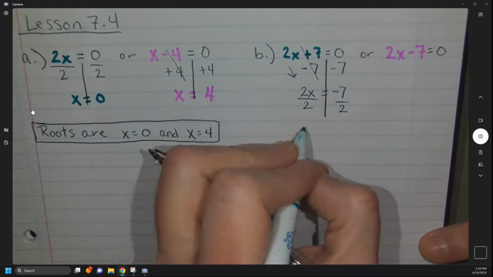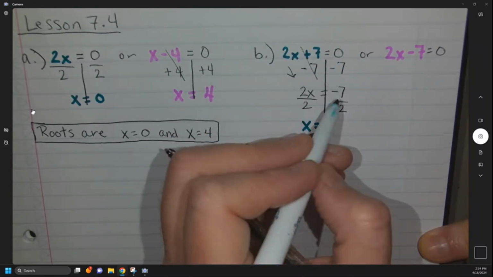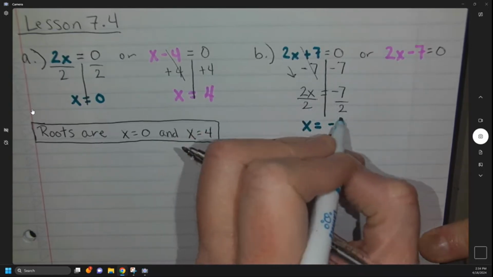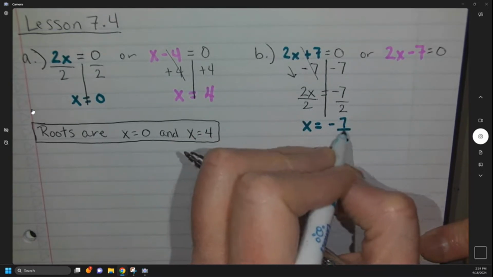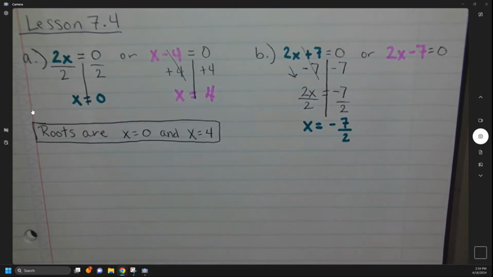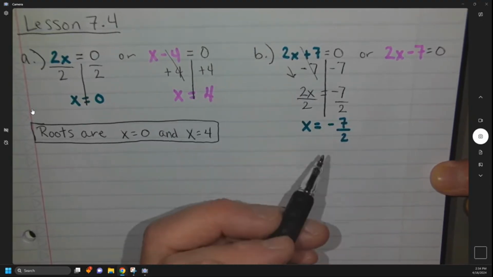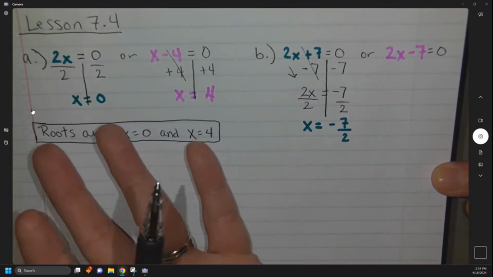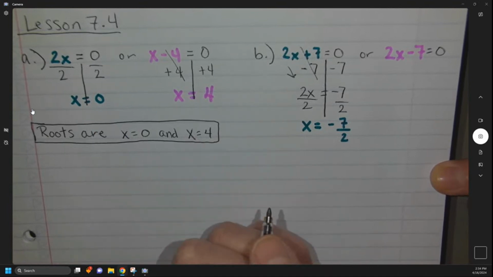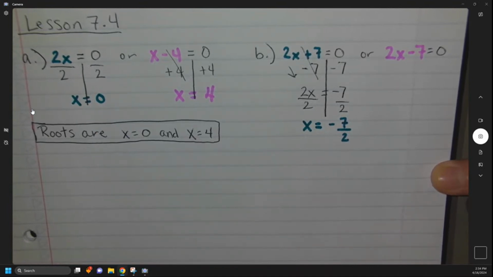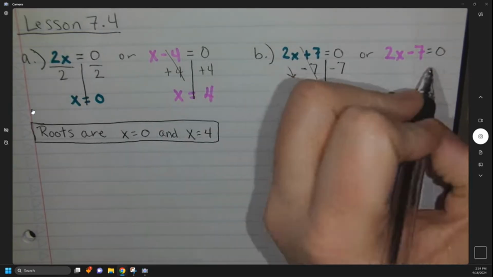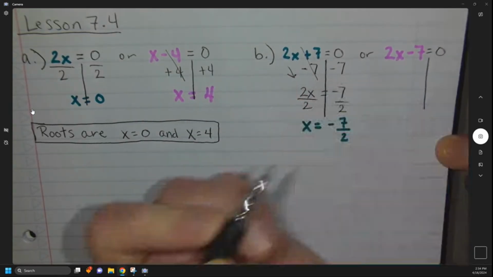And we find that x equals negative 7 halves. Perfectly acceptable to leave it as an improper fraction. Now, if they don't ask you for a fraction, you could also write it as negative 3.5. As long as they're not asking you for a fraction, that would be perfectly fine.